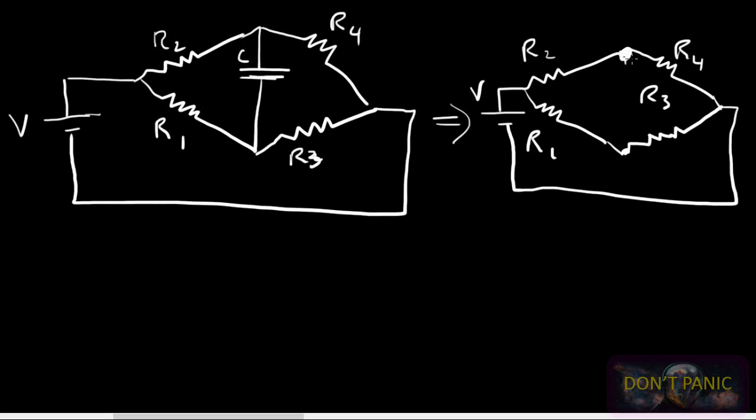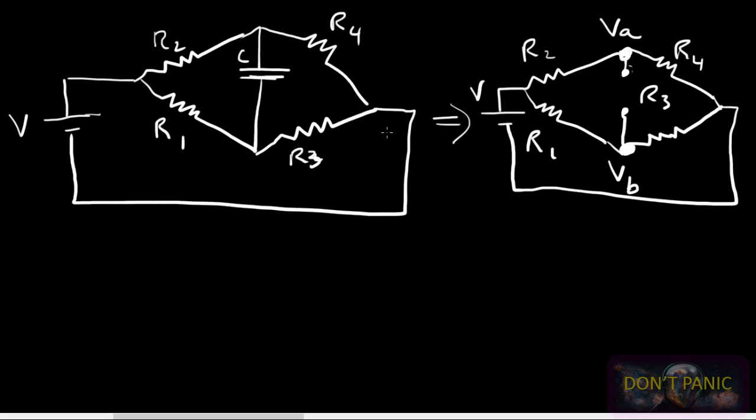Then the voltage across the capacitor would be the voltage at this point minus the voltage at this point. Because the capacitor was here, but after it gets fully charged up, it becomes an open circuit. It's not even here.